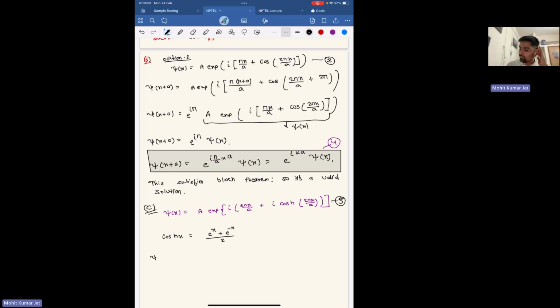Now let psi x be this plus i cos hyperbolic. Cos hyperbolic is nothing but e to the power 2 pi x by a, plus e to the power minus.